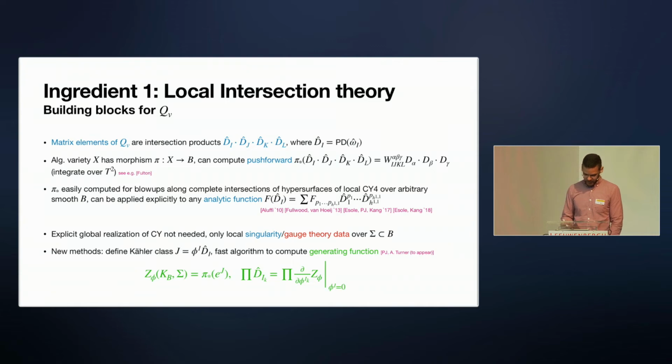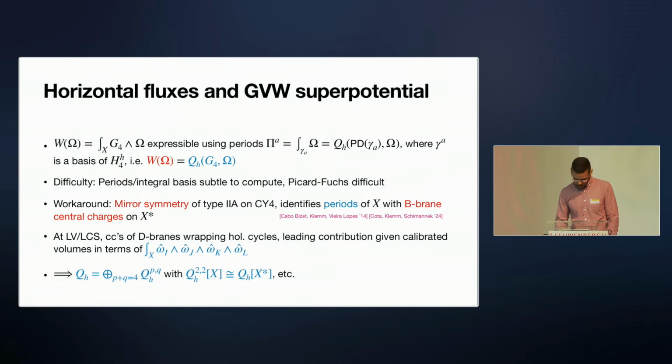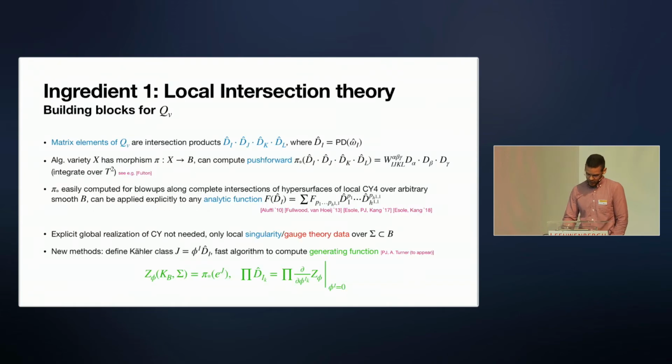In this context, it means that we can do intersection theory to figure out how to compute these wedge products of (1,1) forms. The statement is that they can be viewed as intersection products. In other words, the matrix elements of the vertical pairing can be viewed as intersection products of these divisors, D hat sub I, where the divisors are really just the Poincaré duals of the (1,1) forms.